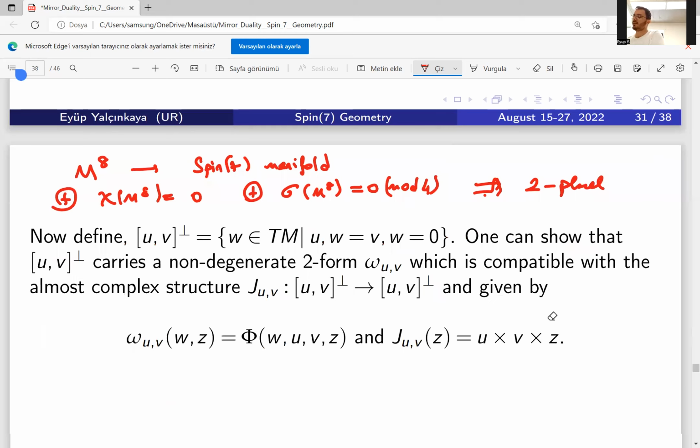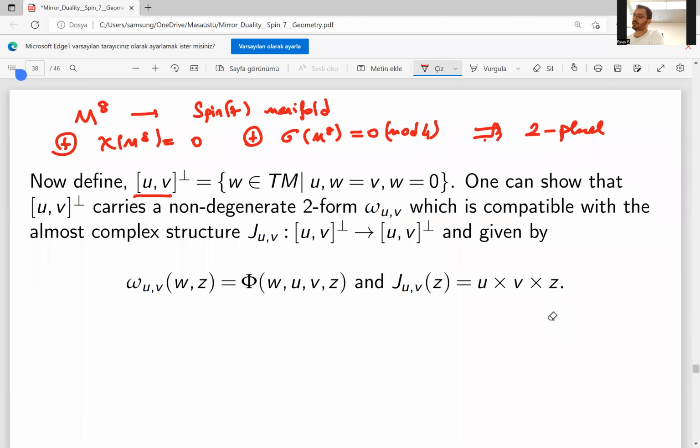So for this vector field, you can define the perpendicular, and for these perpendicular cases, you can use J_UV, the almost complex structure, and this almost complex structure defines U cross V cross Z. For each point, you can define an almost complex structure. Okay?